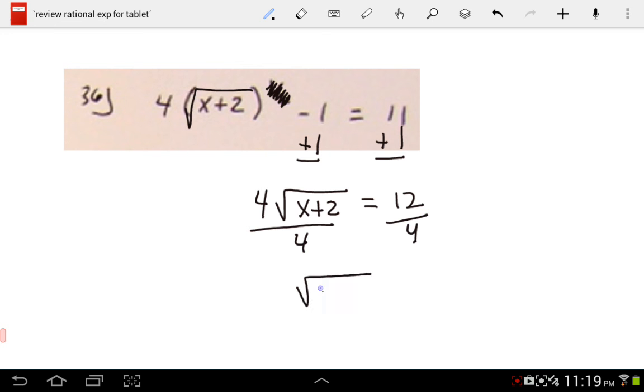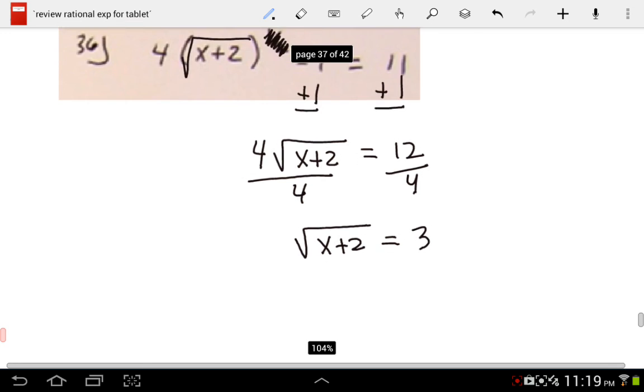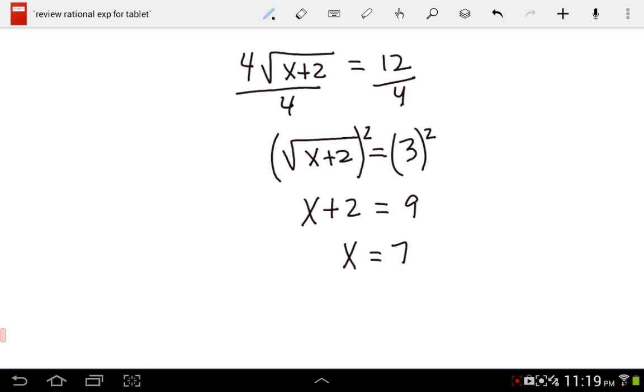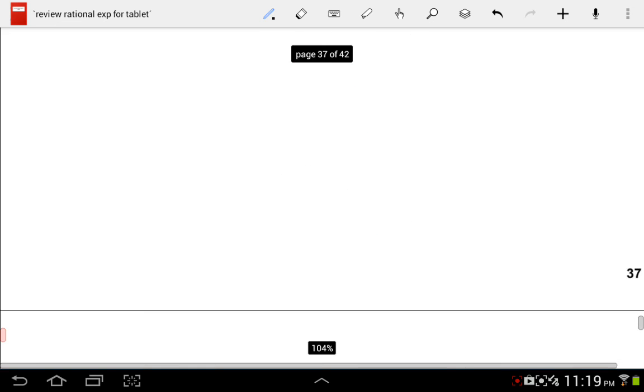So that's going to give me 3. And now we'll get rid of our radical. We'll just square both sides. And then subtract 2 on both sides. That's just going to be 7.